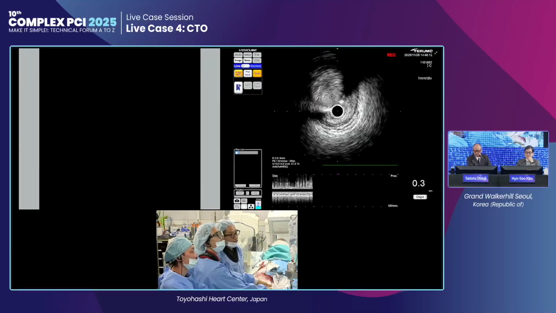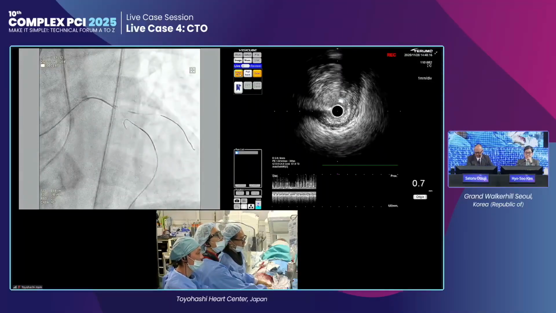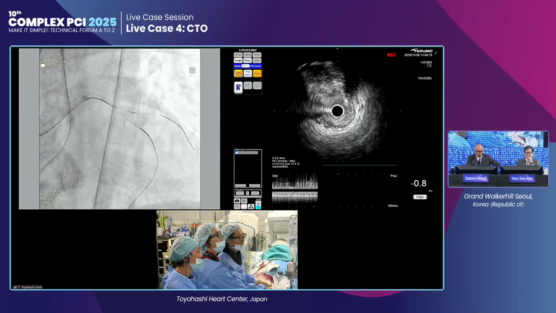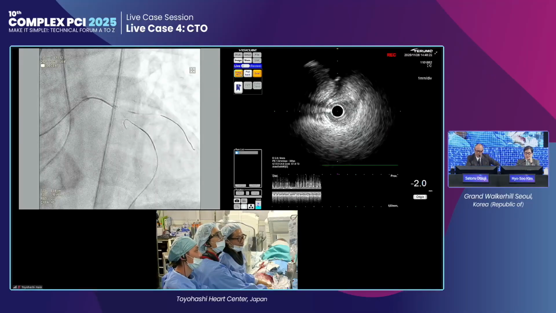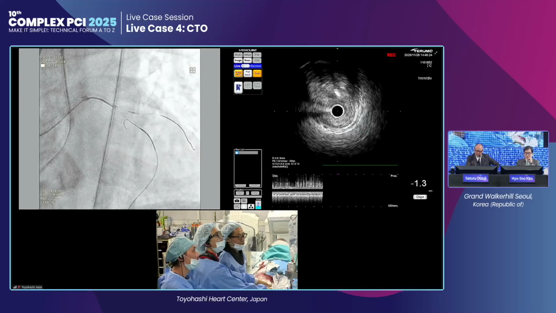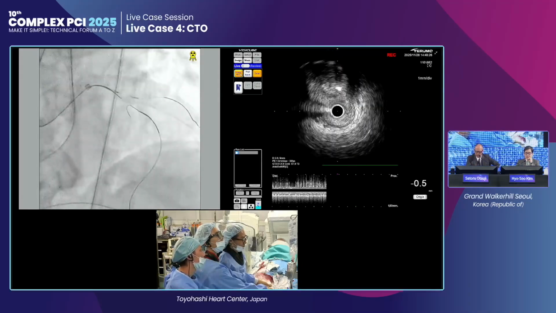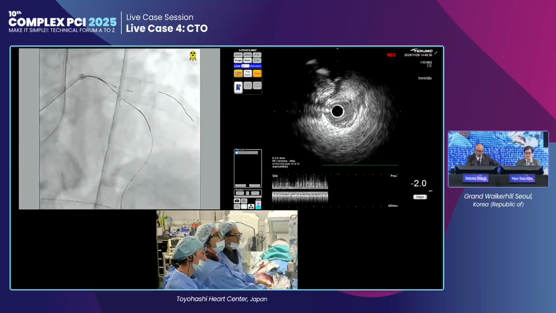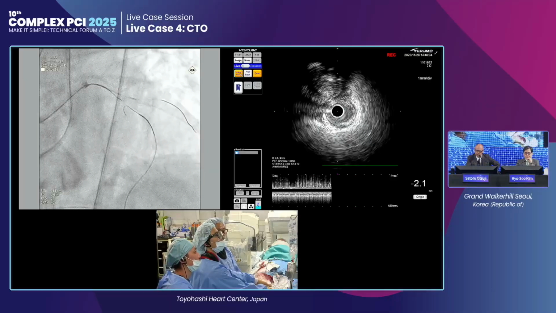That's why I selected, in this situation, the Conquest is better than the Gaia, to direct the direction, because the Gaia tip is more flexible than the Conquest, and maybe the tip will deviate.